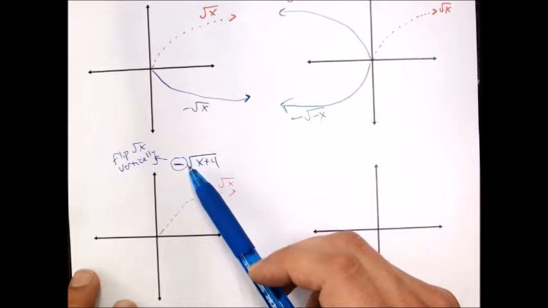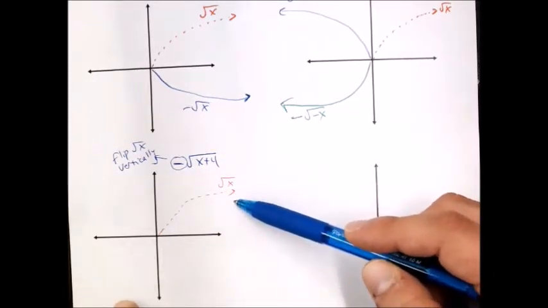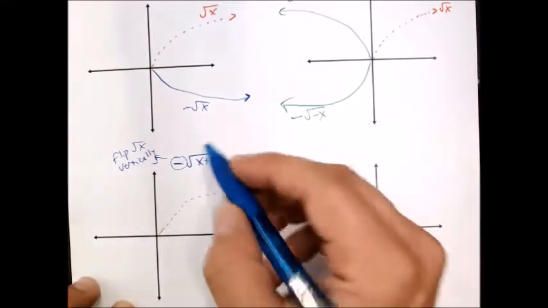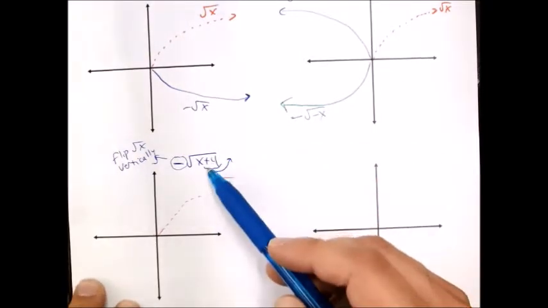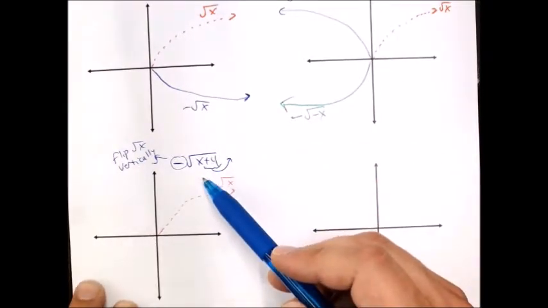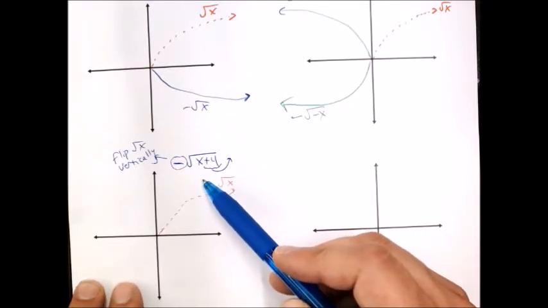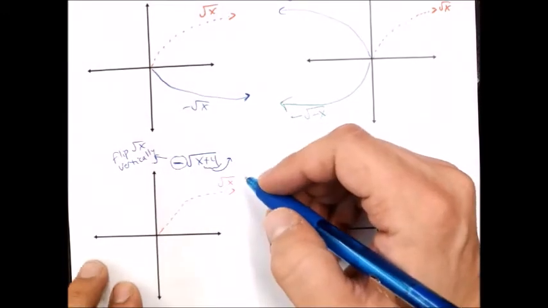That's something on this page. So we know that whatever this looks like, it's going to be an upside down version of what I drew here. What's the plus 4 do? That's something from the last page. That's an x plus 4 inside of the square root. It's some sort of shift.